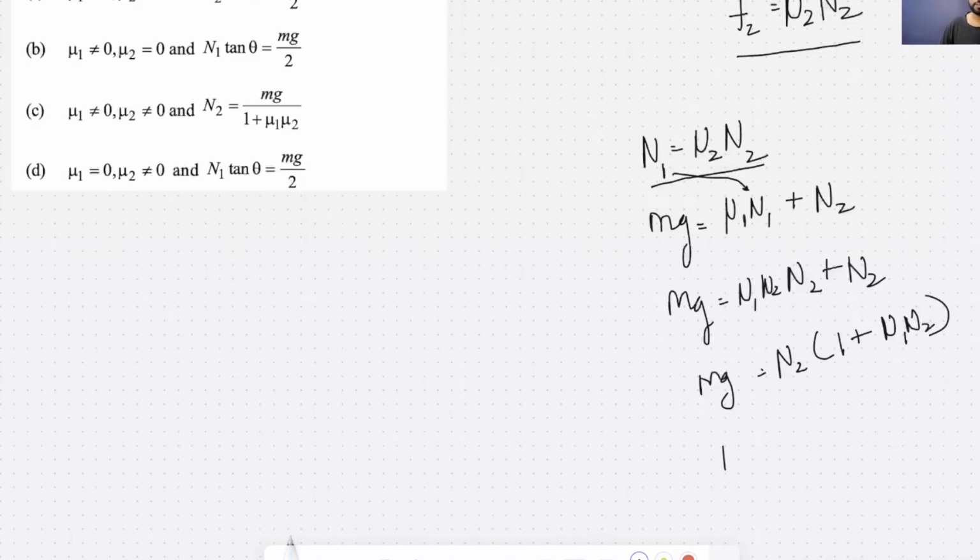You just bring N2 here, and that's going to be mg divided by 1 plus mu1 mu2, and you see here my answer is C.